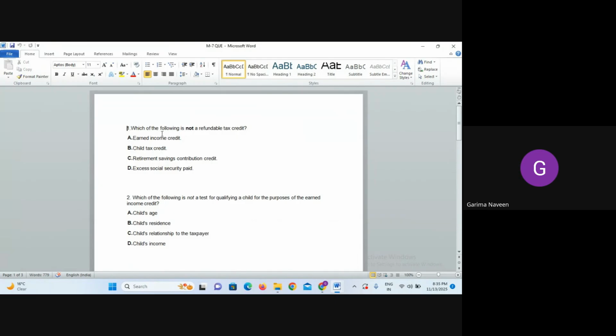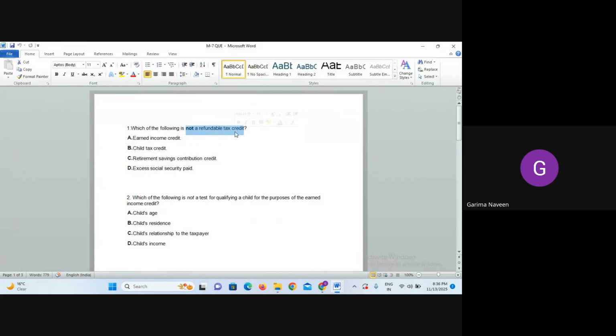So first: which of the following is not a refundable credit? Which is a non-refundable credit? You have to tell. So which should be the right answer?